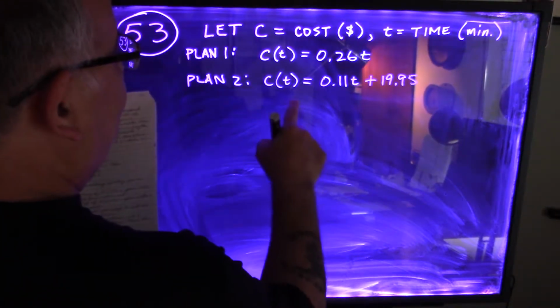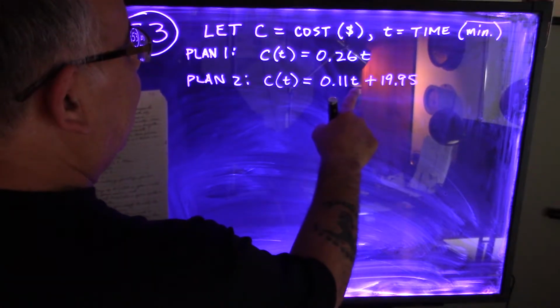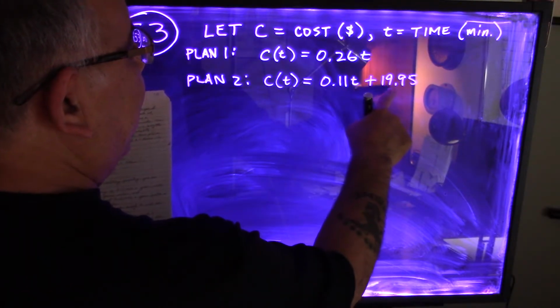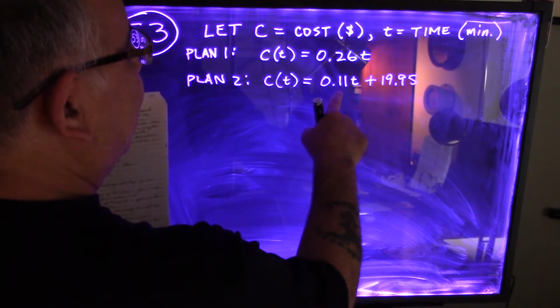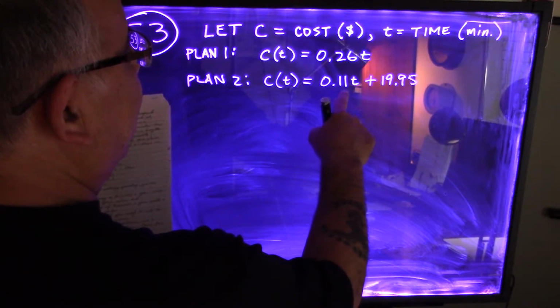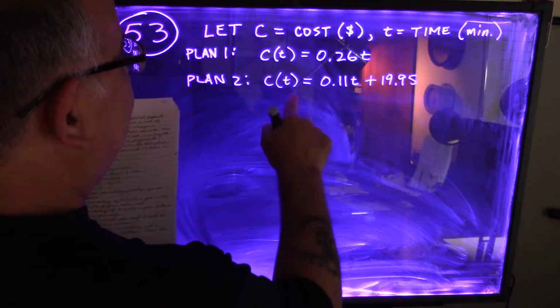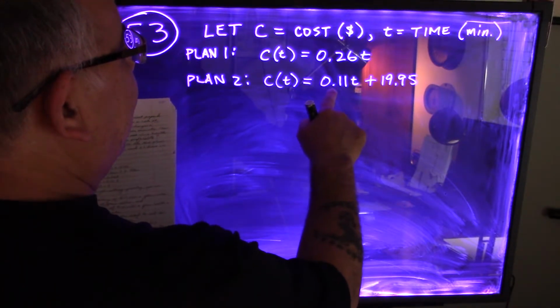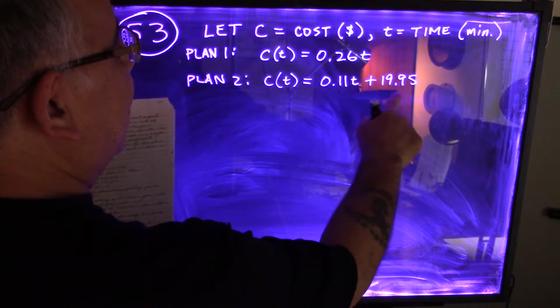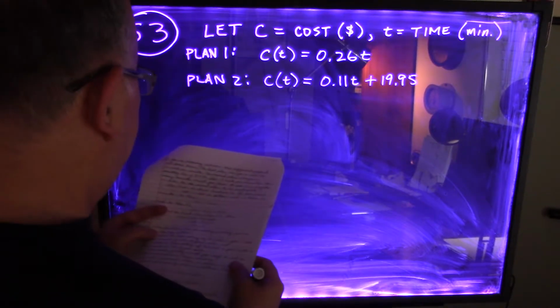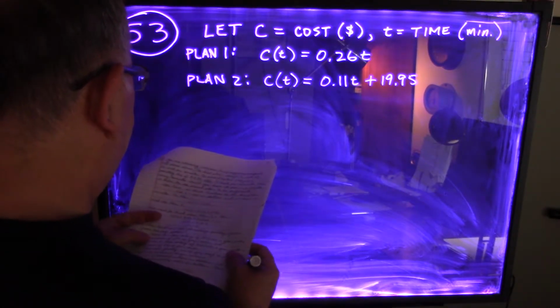So if you use 1 minute, let t equal 1, you're going to pay $19.95, the flat fee, plus 11 cents. All right, 0.11 times 1 is 0.11. And if you use 0 minutes, you're just going to pay 0.11 times 0, which is 0, plus $19.95, or just $19.95. So that one makes sense.